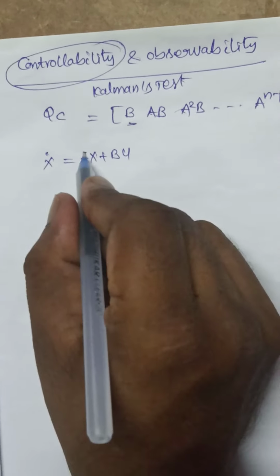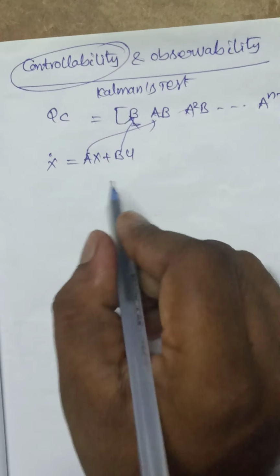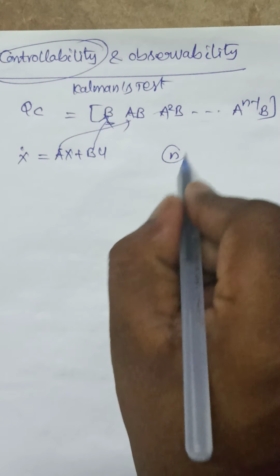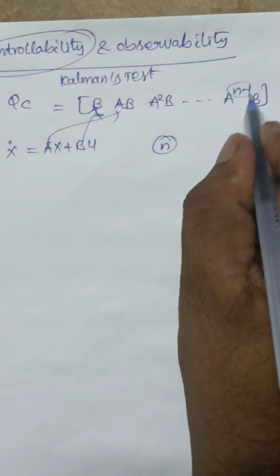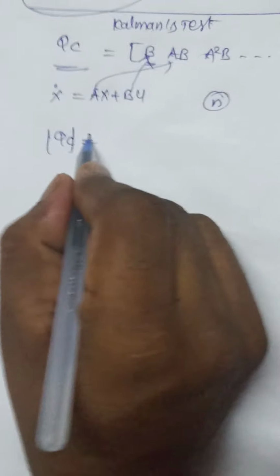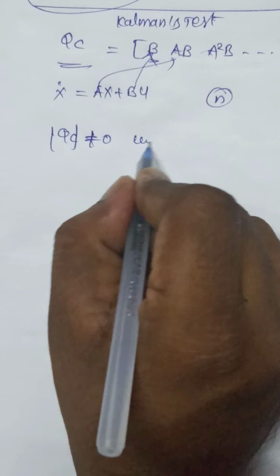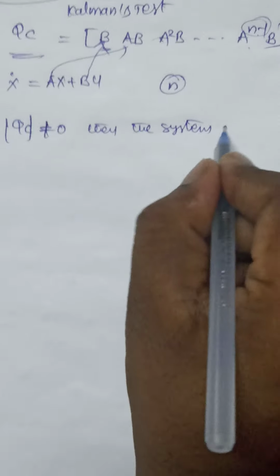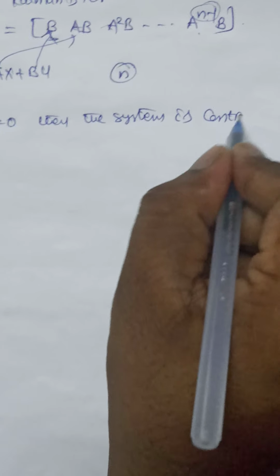Suppose there are n state variables, so I have to write up to A power n minus 1 B, and find this matrix QC. If the determinant of this matrix is not equal to 0, then the system is controllable.